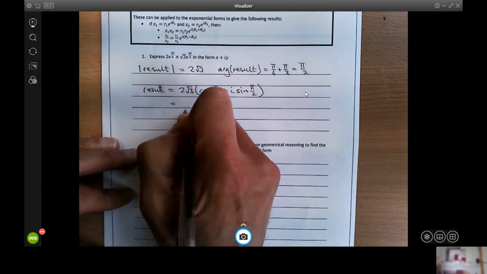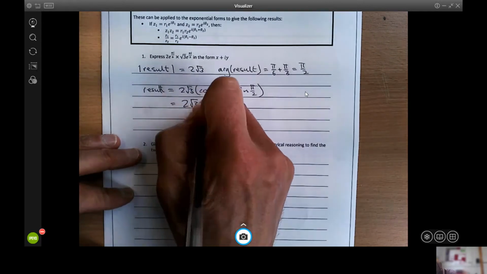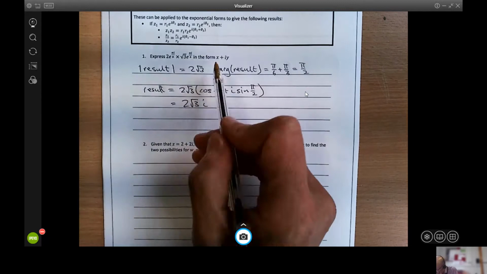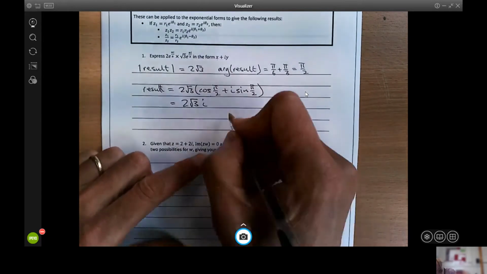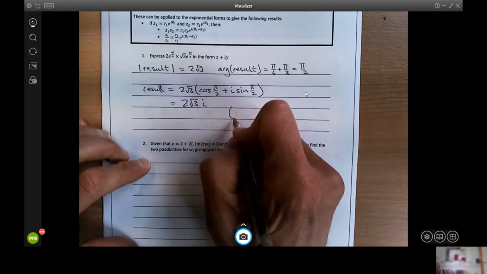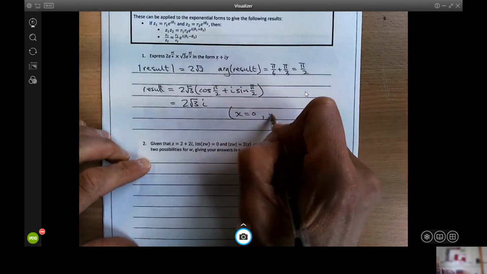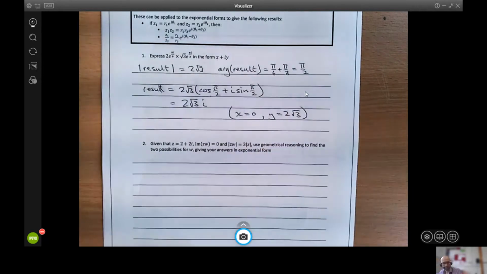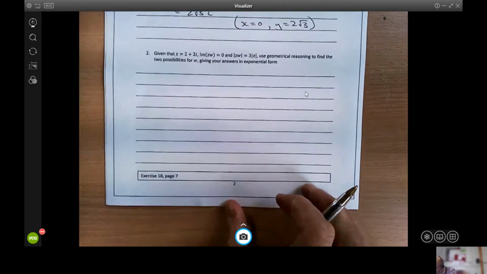So this is just equal to 2 root 3 i. In other words, our x is 0 and our y is 2 root 3. Let's write that down: x equals 0, y equals 2 root 3.